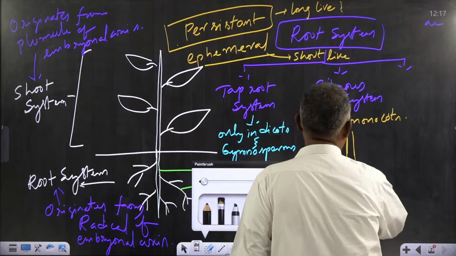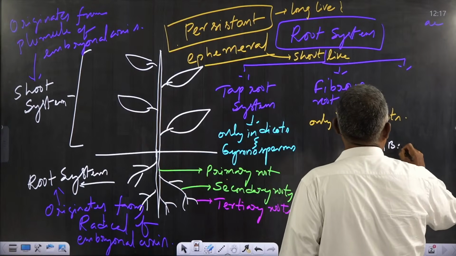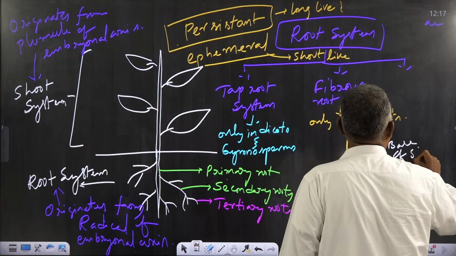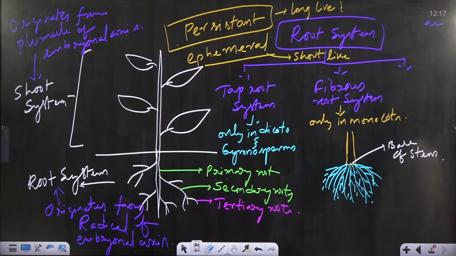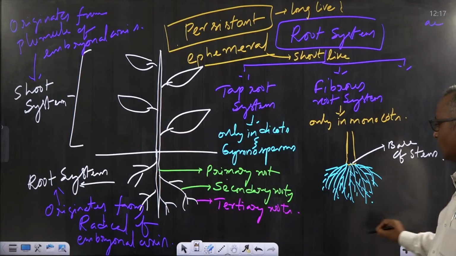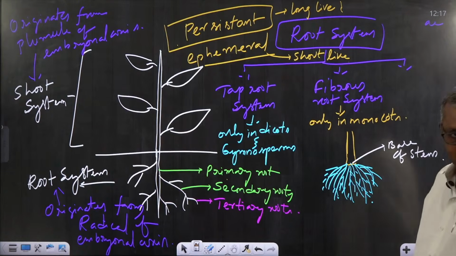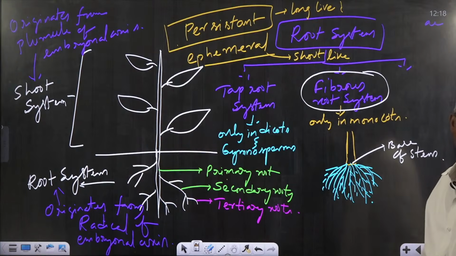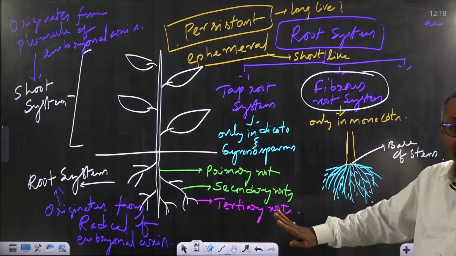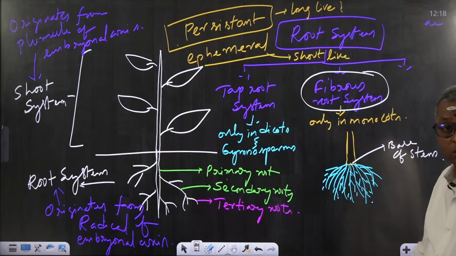Now, this is the base of the stem. From the base of the stem, many identical fiber-like roots are formed. This whole bunch of roots, which appears like fibers, is called the fibrous root system. Understood? So, here the radicle is ephemeral, it does not remain with the plant throughout its lifetime.